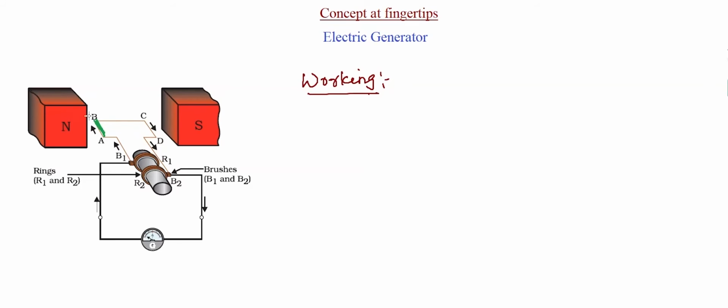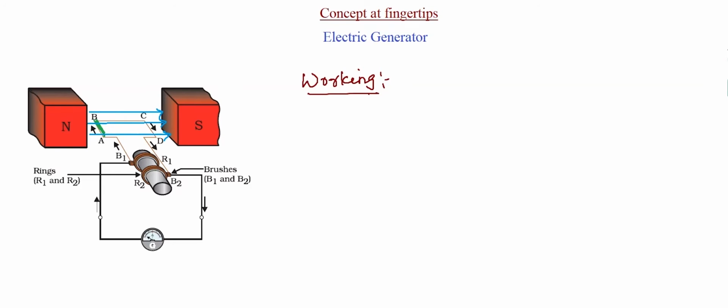We know that the magnetic field direction is from north to south as shown in the figure. And we also know that the direction of induced current can be found from Fleming's right hand rule.